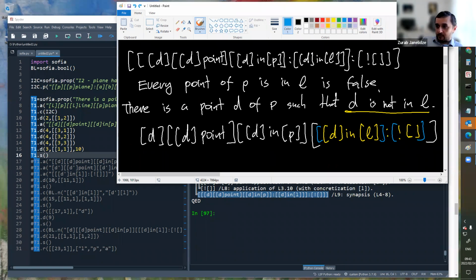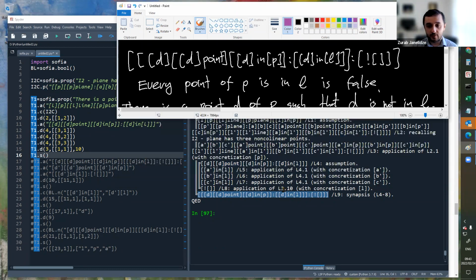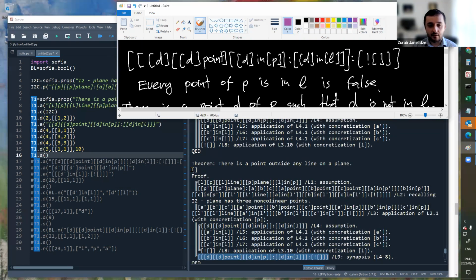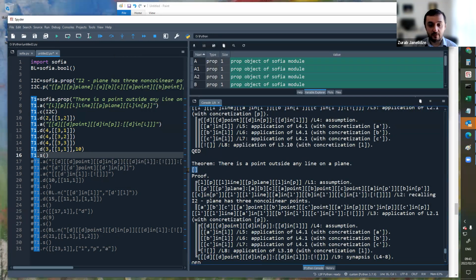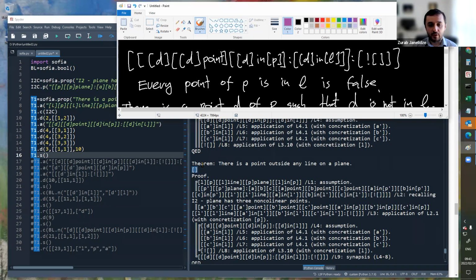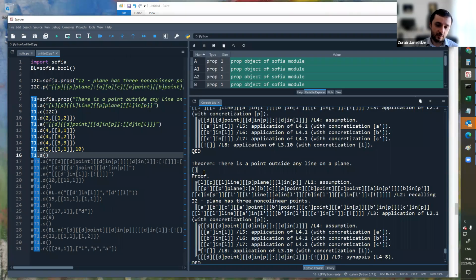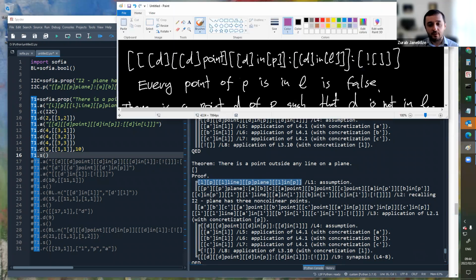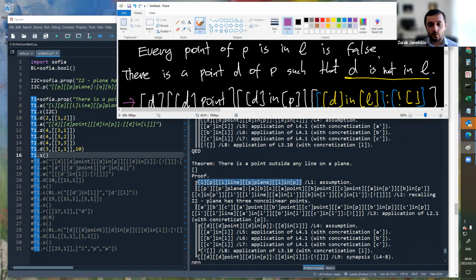So now we've got what we have. This is where we want to end up. When we finish this proof, we want Sophia to put that line right here as a theorem. It will have assumptions, so under all these assumptions, we want this to hold, right?